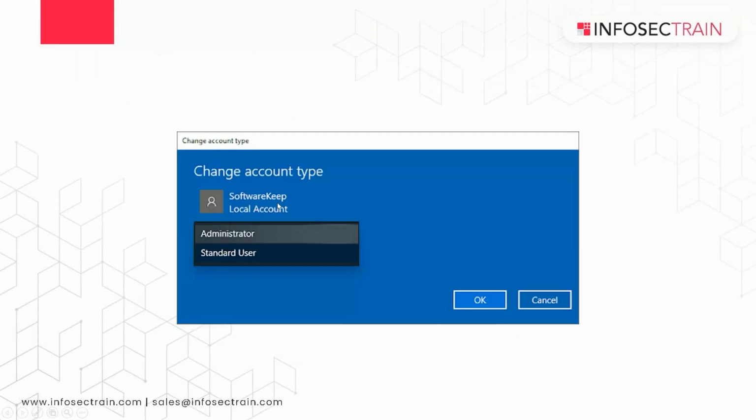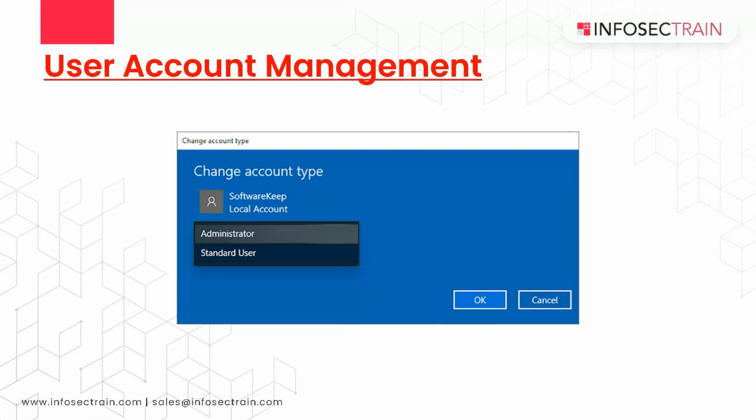Okay, after this we are having this user account management. So over here we are having our user account management, right? This user account management will be helping us to perform the identity management inside our system, right?